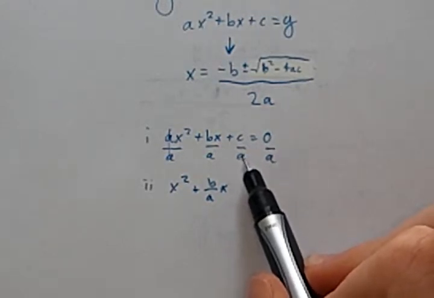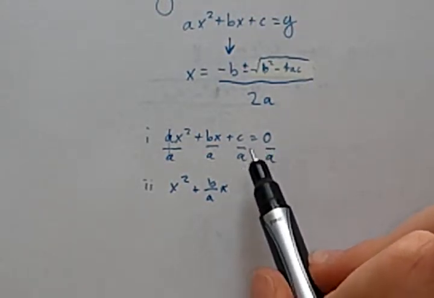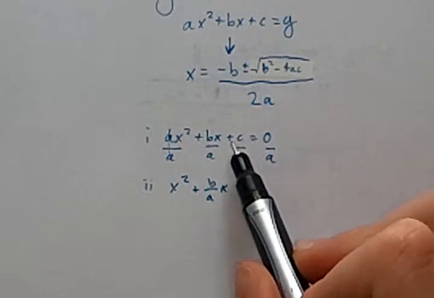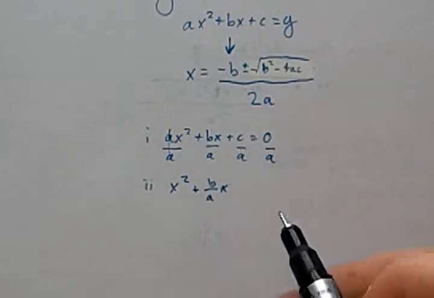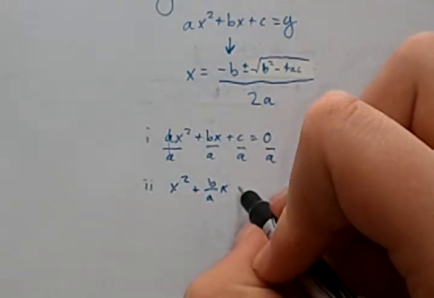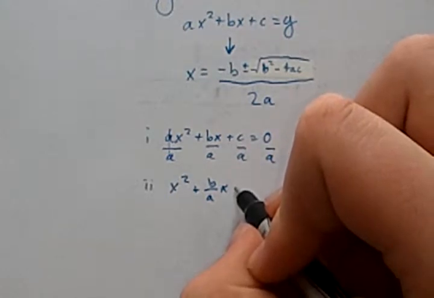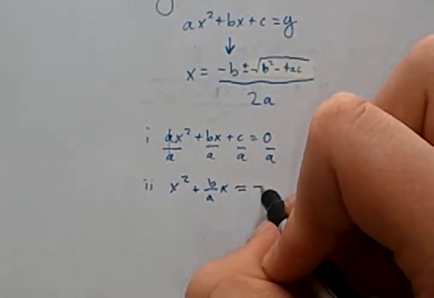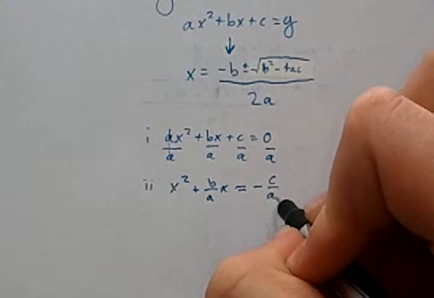We subtract c over a from both sides because this cannot be factored as it is. So we're going to get equals negative c over a.